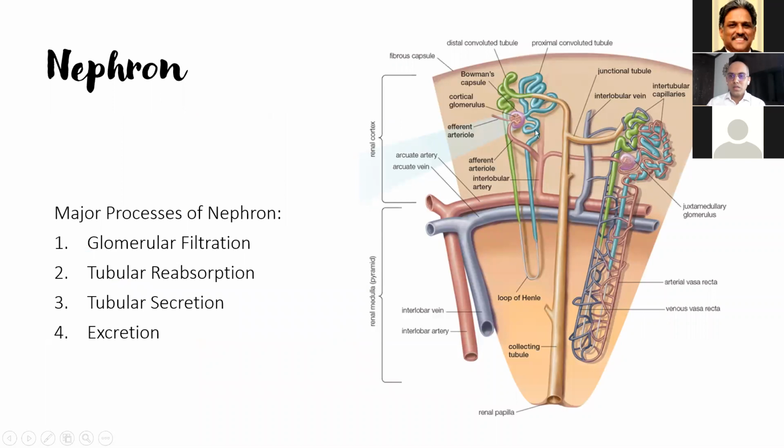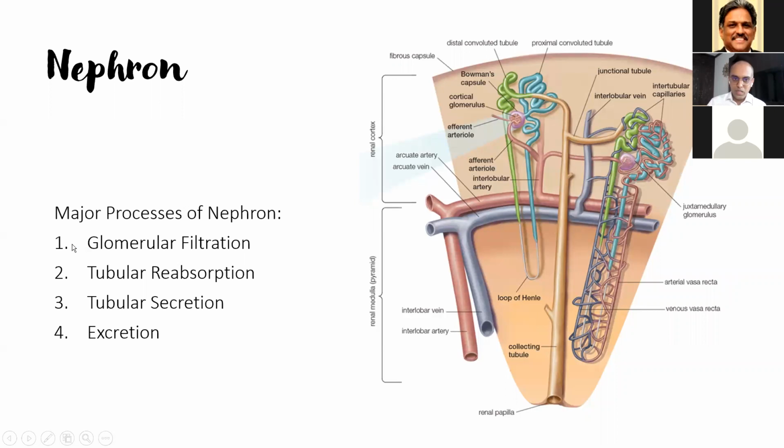Once the glomerular filtration happens inside the Bowman's capsule, it passes down into the proximal convoluted tubule, and through it, descends down into the medulla through the loop of Henle. Again, it ascends up into the cortex, into the distal convoluted tubule, and finally the distal convoluted tubule joins the collecting tubule, and this drains into the renal papilla through the papillary duct.